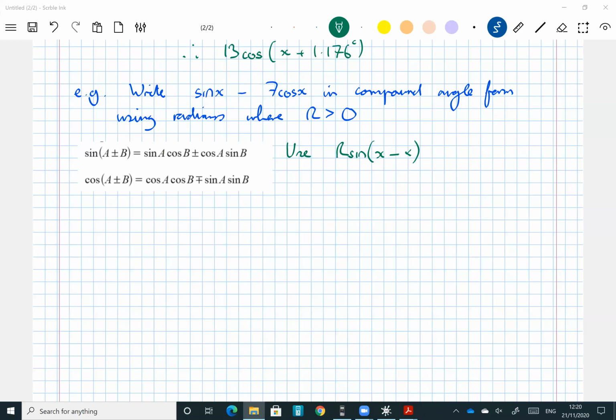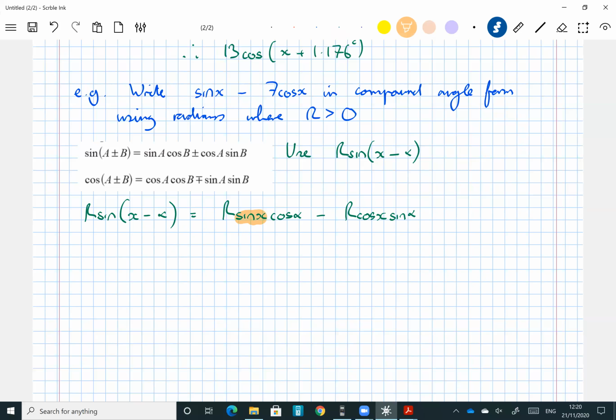So expanding that, our sine of x minus alpha equals r sine x cos alpha minus r cos x sine alpha. And then compare coefficients.